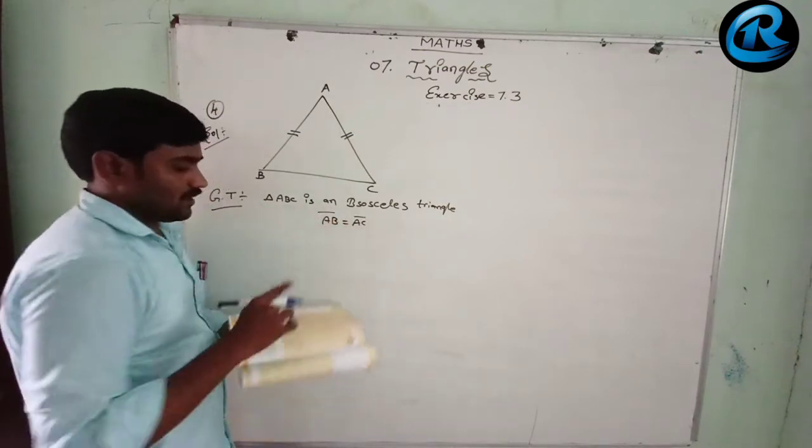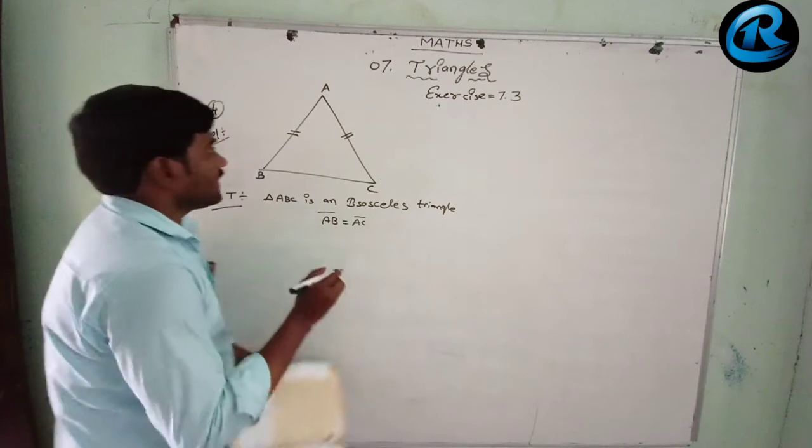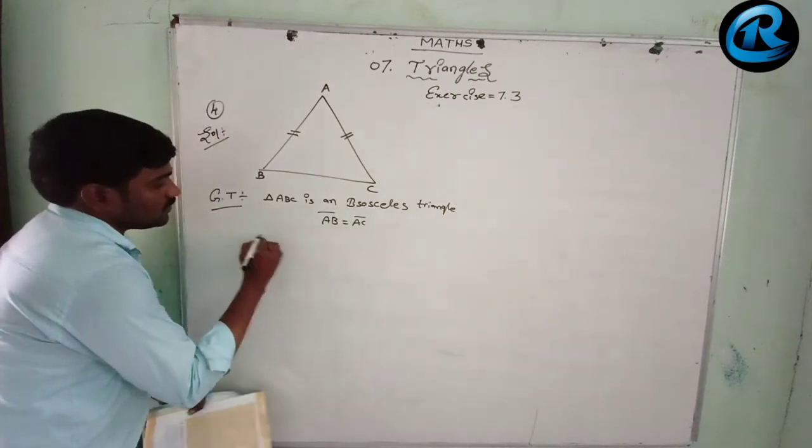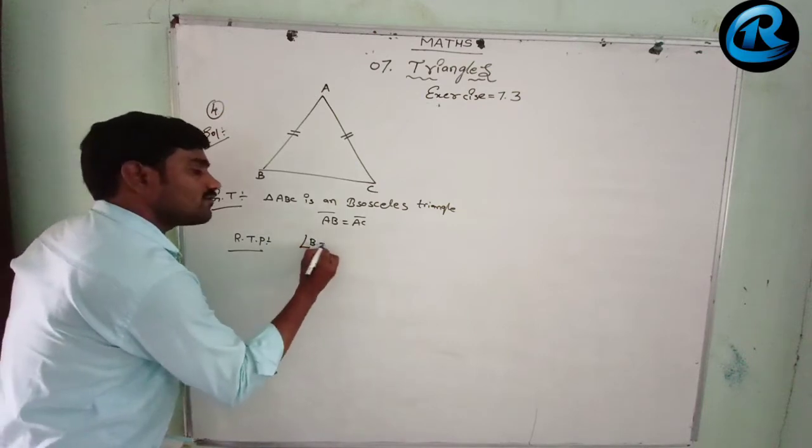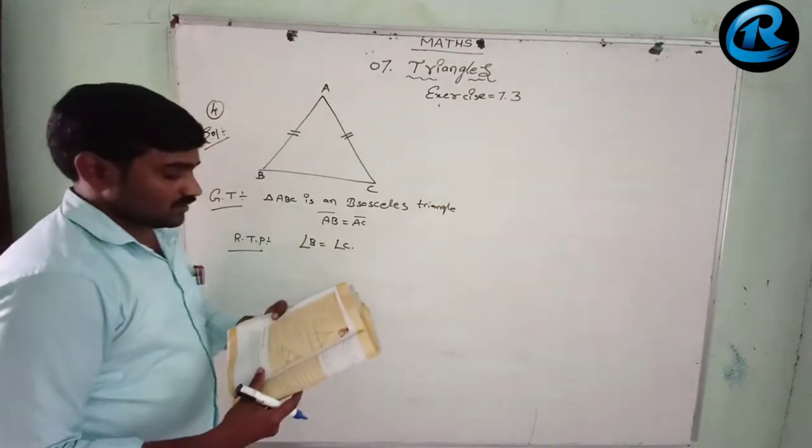I will write AB equals AC here as given. Show that angle B equals angle C. So RTP: we have to show that angle B equals angle C.